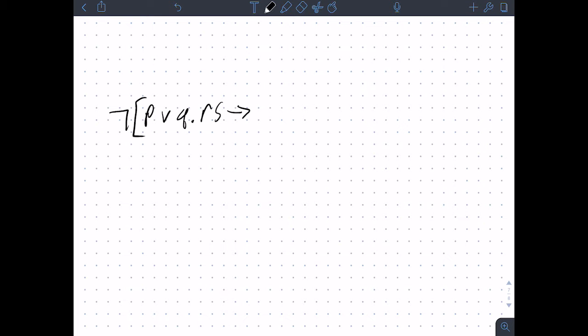I think the next one will. Anyway, that's equivalent to not P or not Q, or not R, and S, then T. Just another example of how you can apply this.